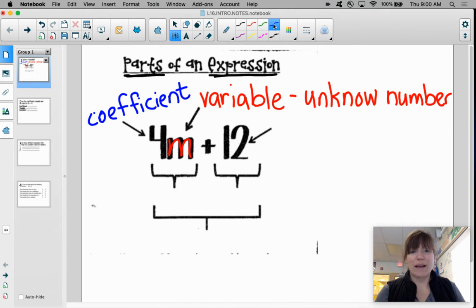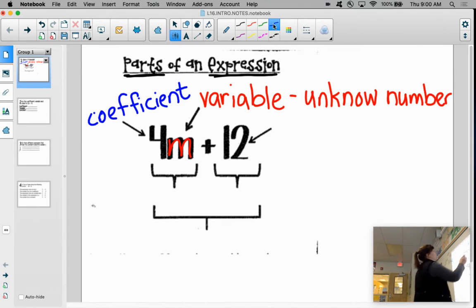Let me back up and say that this expression has two parts to it, and there's an addition sign in between. There's the 4m part, and then there's the 12, and then there's the sum, the addition sign in the center. Both of those parts on the left and right of the addition sign are called terms.